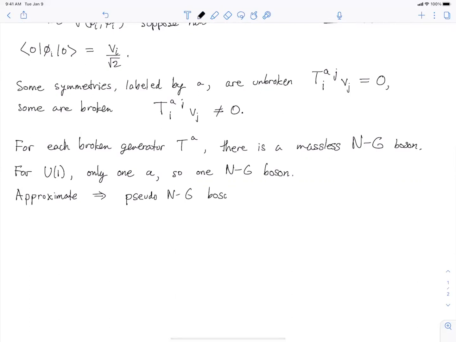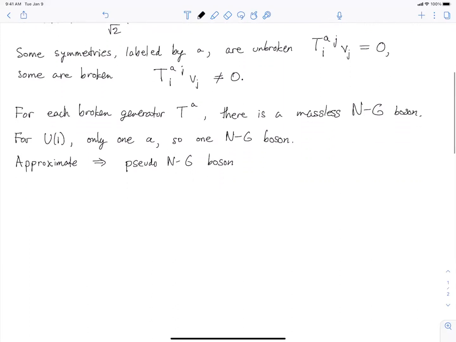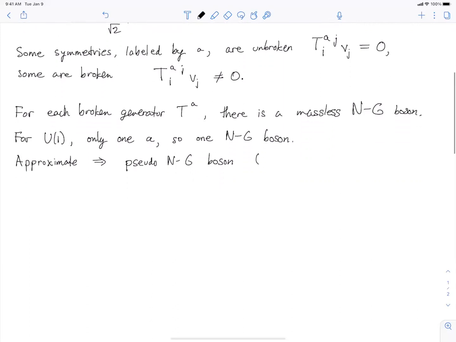And a pseudo Nambu-Goldstone boson is not massless, but it's light compared to whatever other mass scales there are in your problem, right? So if in the limit in which the symmetry became exact rather than approximate, the mass would go to 0. And so by continuity, you expect that if it's just an approximate global symmetry, which is close to being exact, then it will be light instead of massless.